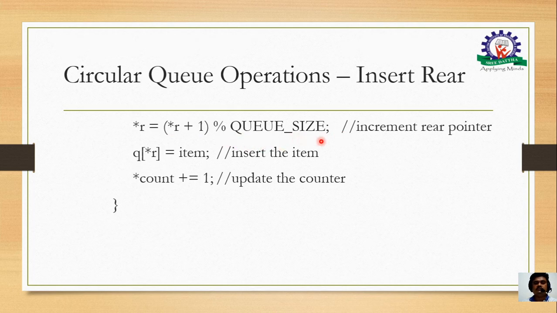Once that is incremented, queue of r will be marking the empty location where I can insert the item. Once the item is inserted, I will update the count value, that is count is equal to count plus 1.